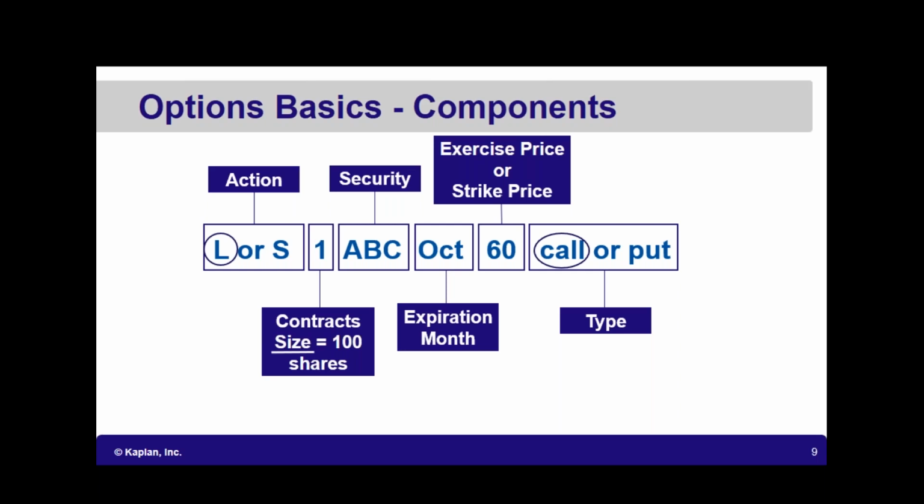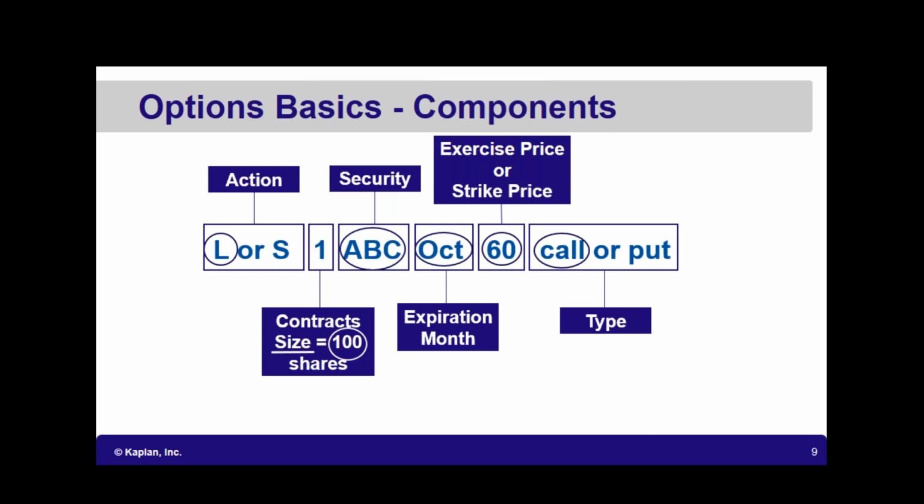For example, let's say we're long a call. Remember, being long a call or buying a call or the holder of a call gives you the right to buy the underlying security. So how many shares are we given the right to buy? 100 shares of ABC by a date and time in October at a price of 60.